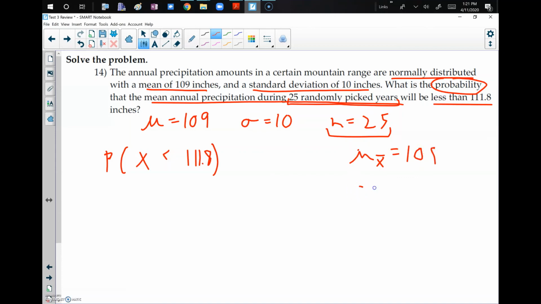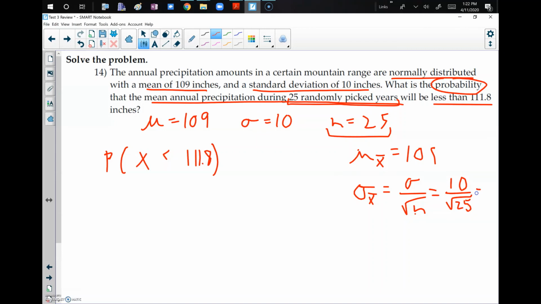The standard deviation, though, we know is going to be adjusted because of our sample size. So I'm going to use the standard deviation of my population and divide by the square root of my sample size, my n. So here that's going to be 10 divided by the square root of 25.